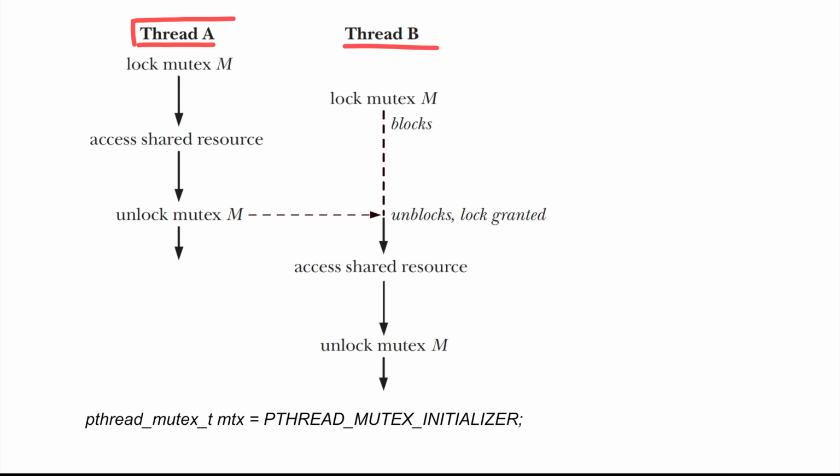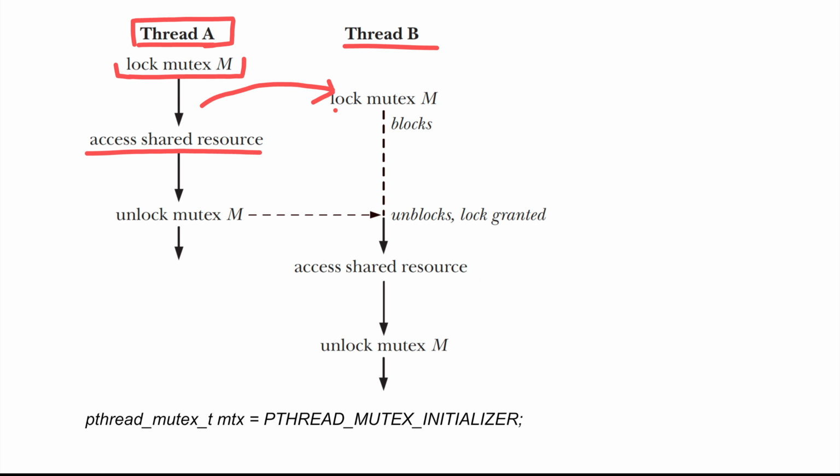In this diagram, let's assume thread A starts execution first. It locks the mutex in preparation of accessing the shared resources. Once it has acquired or locked the mutex, let's assume there is a context switch to thread B. Now thread A is in the waiting state and thread B is now in the running state.